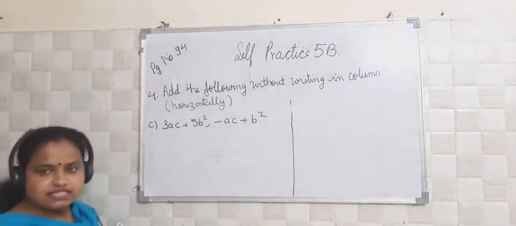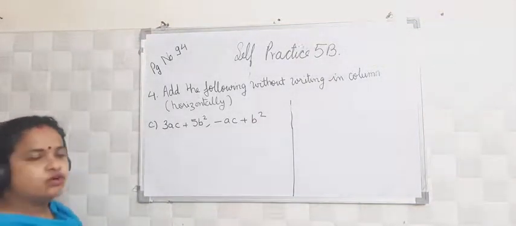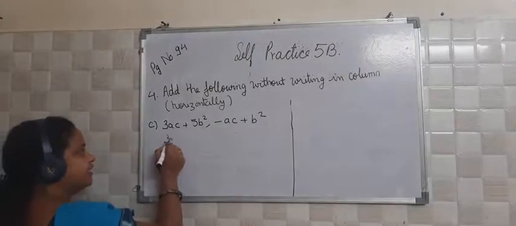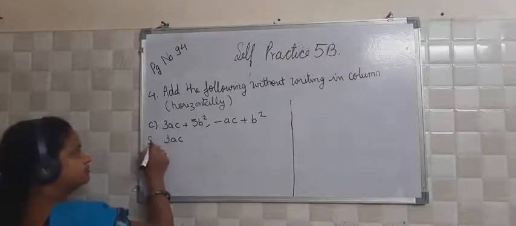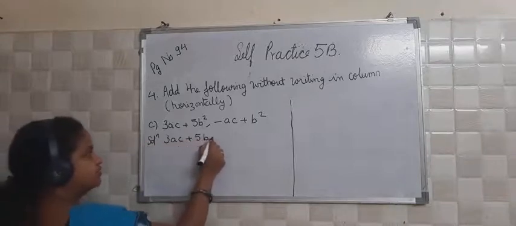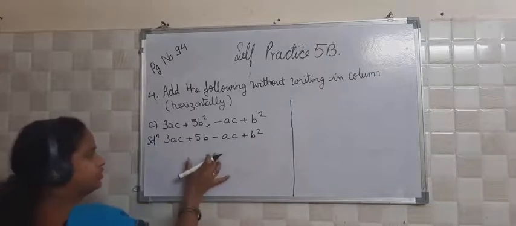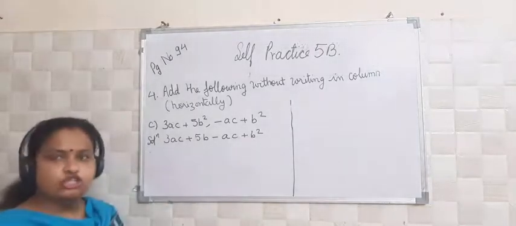What will you do first? First of all, you will remove the comma. So while removing the comma, how will you write? 3ac plus 5b square minus ac plus b square. Now take ac together.